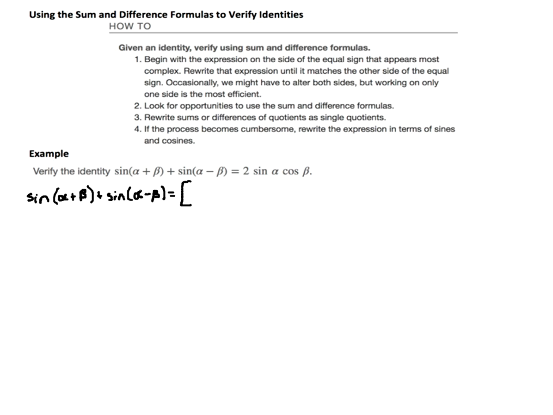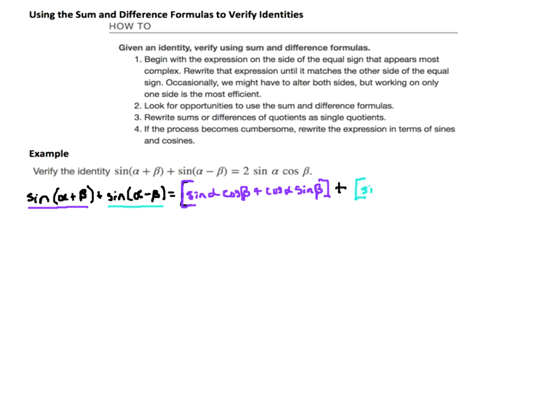So the first one is the sum formula. I'm going to put these in brackets here. I should probably color code these. Let me do that. We'll do the sum in purple here. So this is sine alpha cosine beta plus cosine alpha sine beta. And I'm wanting to add sine of alpha minus beta.